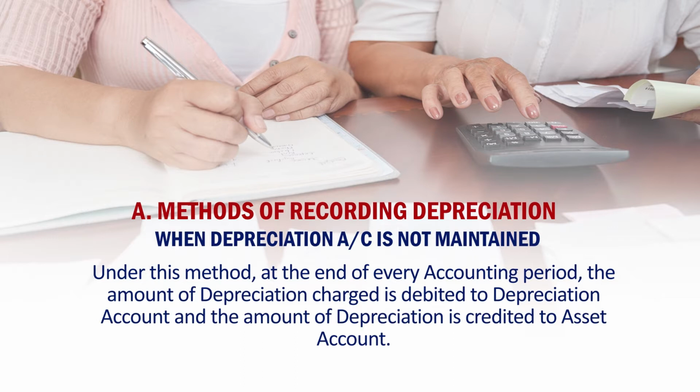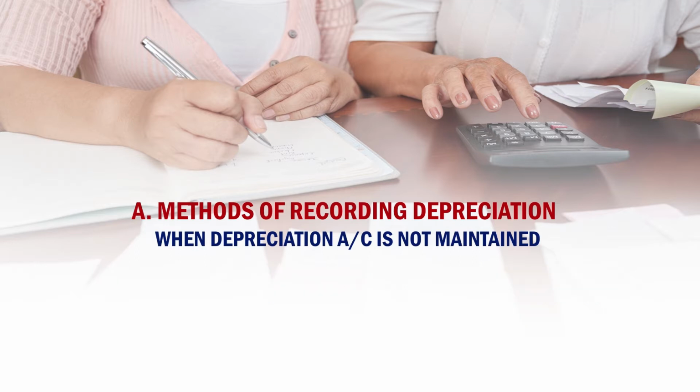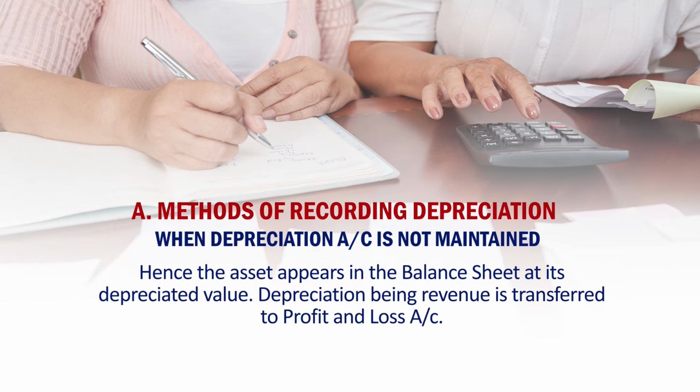When we post it into the ledger, in the depreciation account we write it on the debit side, and in the asset account we write it on the credit side by depreciation. And the asset appears in the balance sheet at its depreciated value.